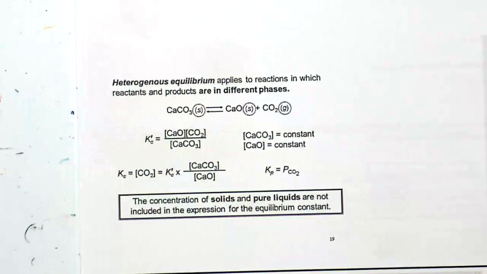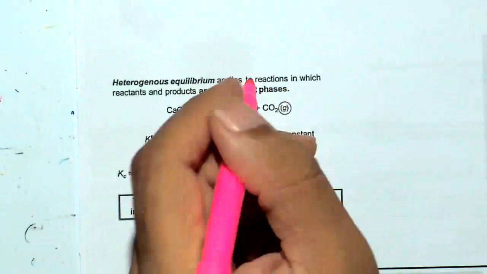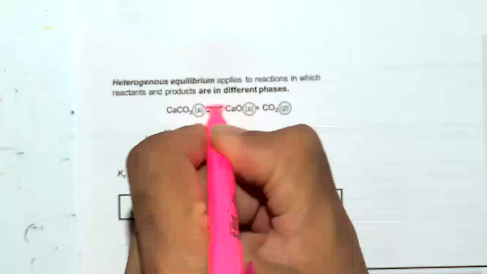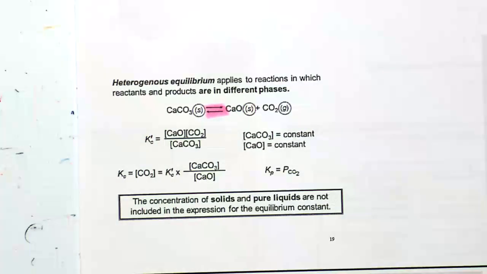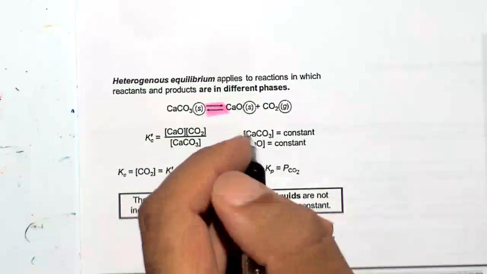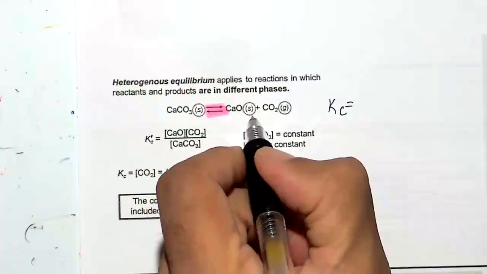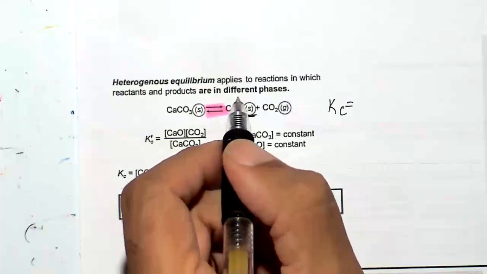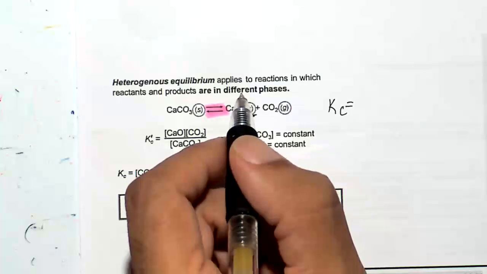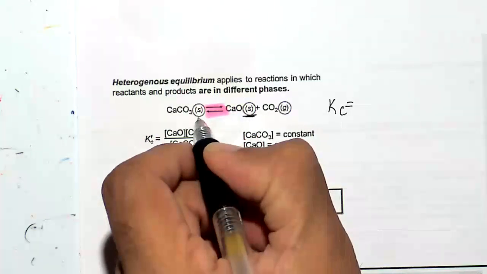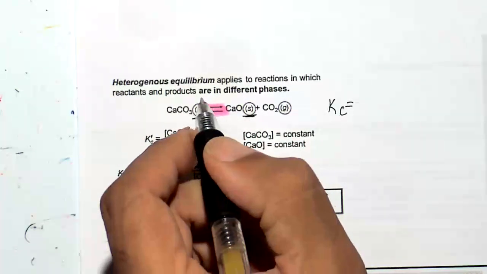What's the equilibrium constant for this reaction? First of all, is it an equilibrium reaction? Yes or no? The answer is yes. And what would it be? Let's do it in terms of concentration C. What does that solid mean?